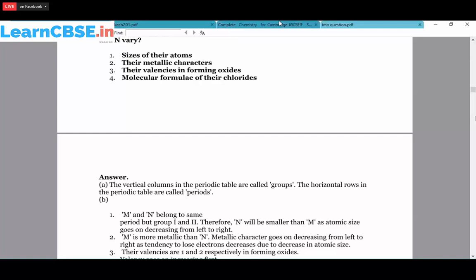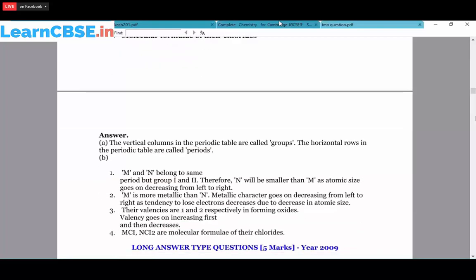Here the valency of M is 1 because it is present in group 1, and N is 2, right? So the valency first increases and then decreases. The valency for M is 1 and for N is 2. It increases from group 1 to 4, then it starts decreasing.